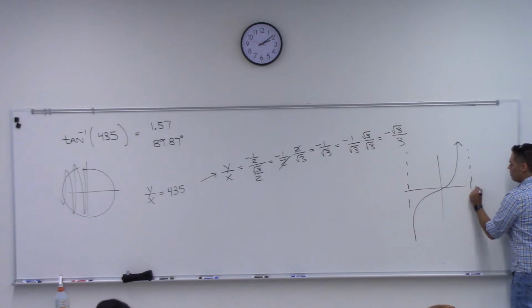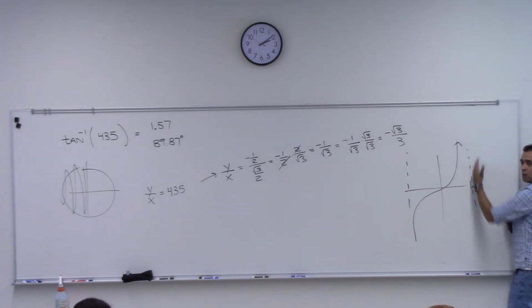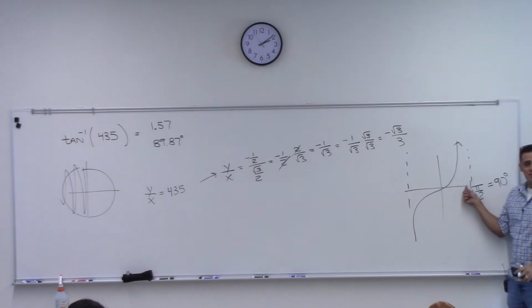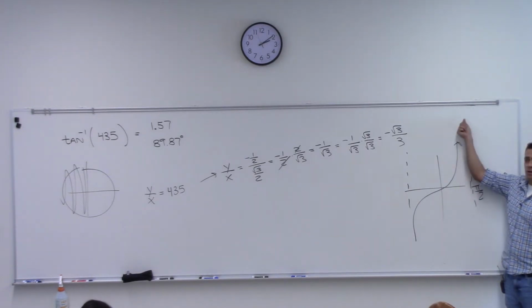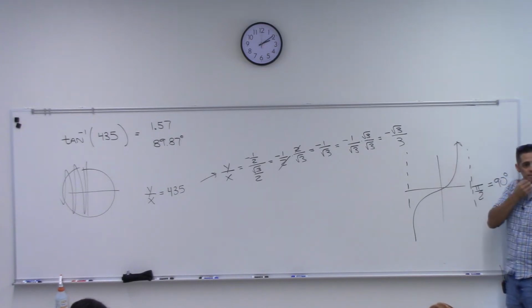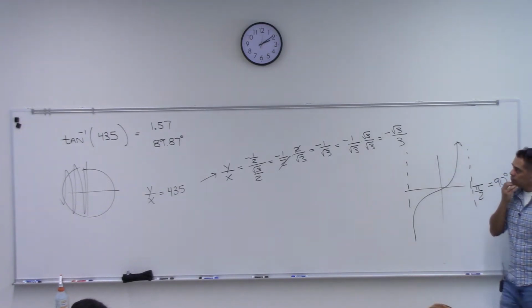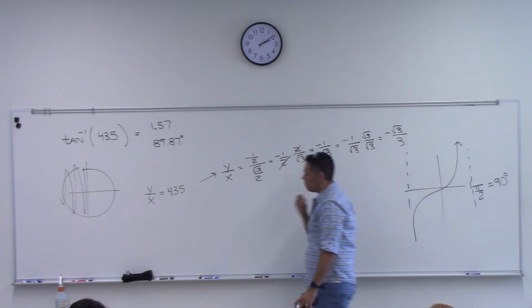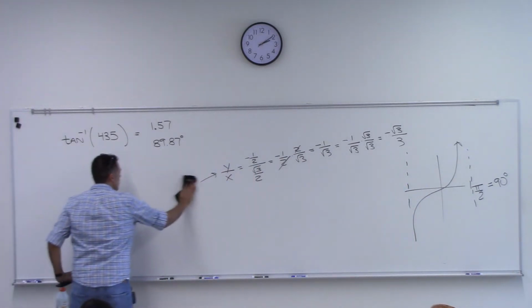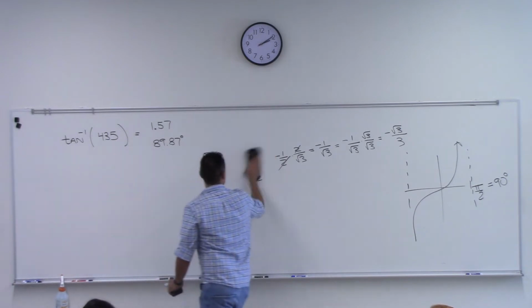This is pi over 2 right here, where we have a vertical. Pi over 2 is 90 degrees. We have to be pretty close to 90 degrees to get an output of 435. All right, I think y'all are good. We're moving on.